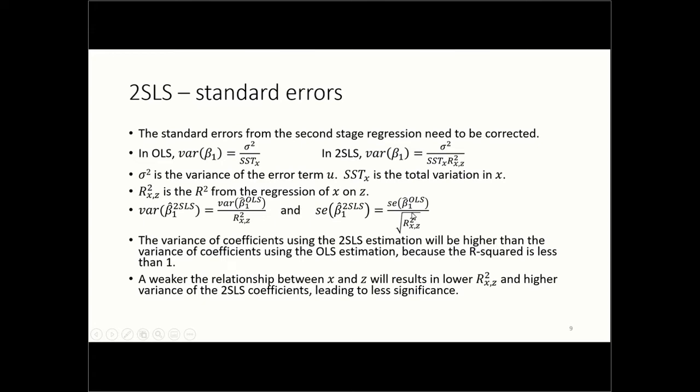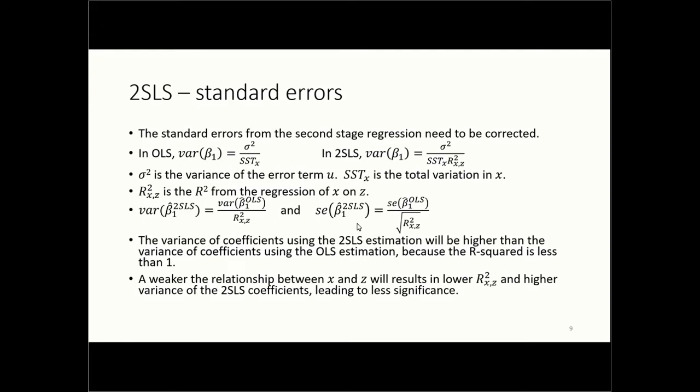Because this r squared is less than 1, this denominator is less than 1, so this whole expression would be greater than the standard error for the OLS. So the standard errors for the two-stage least squares are greater than the standard errors for the OLS.